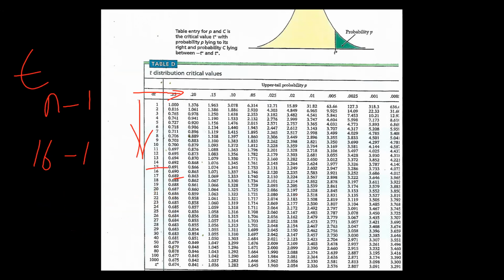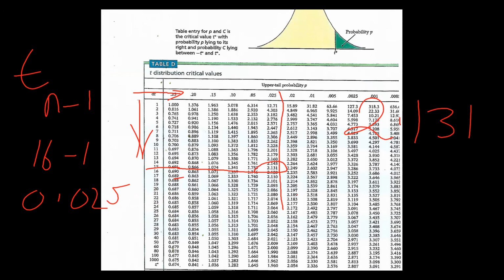You see here, right? 15, 0.025 is this one. Where do they intersect with 15? What's the value? It is 2.131, right? Or I've missed it.